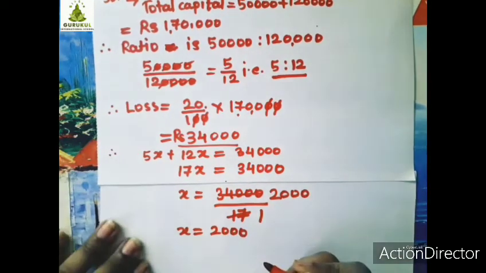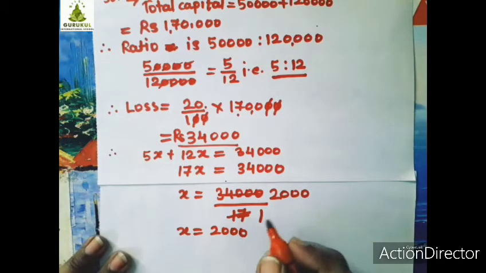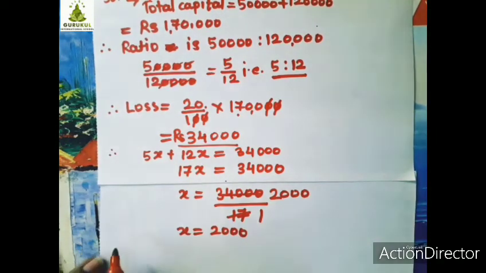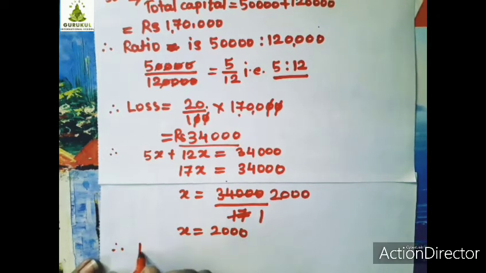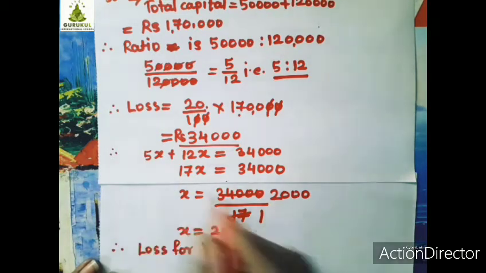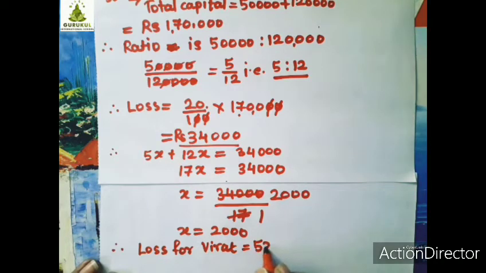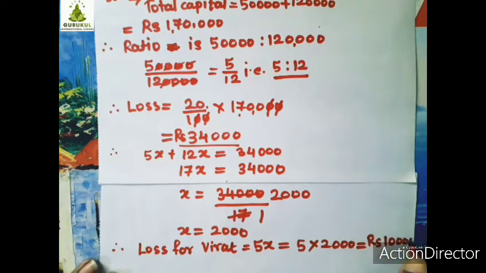Do we have to find out the value of x? No, we have to find out the loss. Therefore loss for Virat is 5x, which is 5 multiplied by 2000, equal to rupees 10,000.